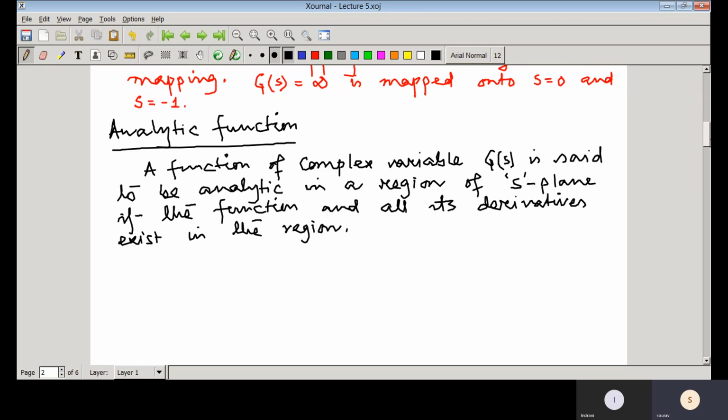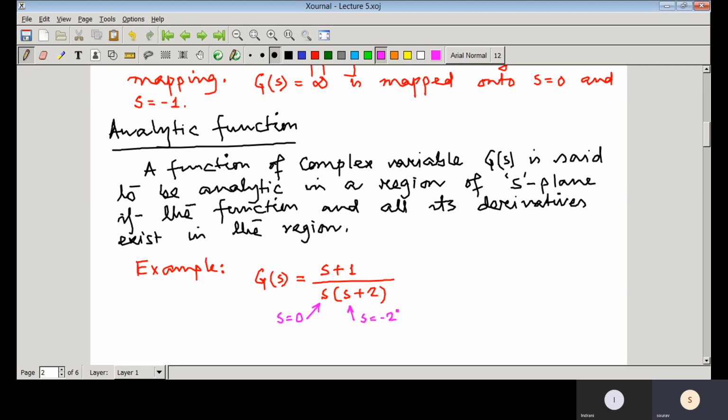So let us see one example. Suppose GS is a function, where S is that complex variable. So here we can see this function would be infinite if you put s equal to 0, or if you put s equal to -2.